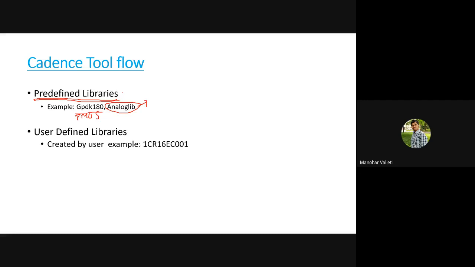Please note, for the entire VLSI lab session in this semester, you need to create only one library. It's not that every lab session you need to create a new library. Under that one library, all the 5 circuits will come. An example is this. You will follow the notation of giving your USN as the library name.